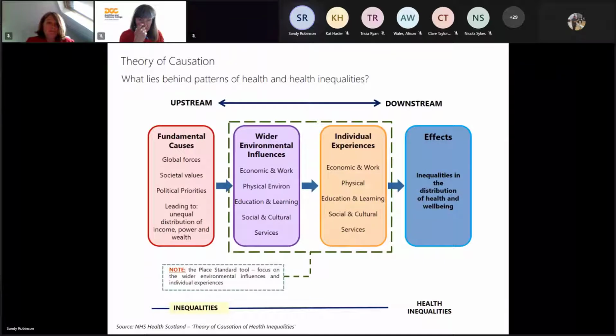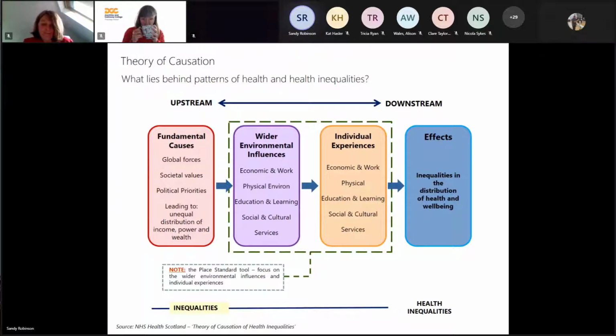So this is about the theory behind it, work that NHS Health Scotland and Public Health Scotland did around the social determinants of health too. So there are some fundamental causes, and they can be global forces, climate change, political priorities. But then there are wider environmental influences and the individual experiences which people endure or enjoy depending on the quality of environment in which they're in.